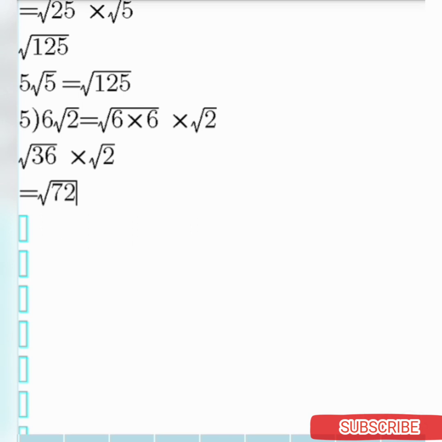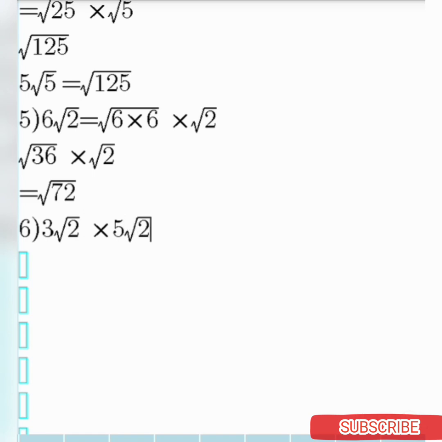But in a case where you are given a question like this, they give you a question saying 3 root 2 times 5 root 2.